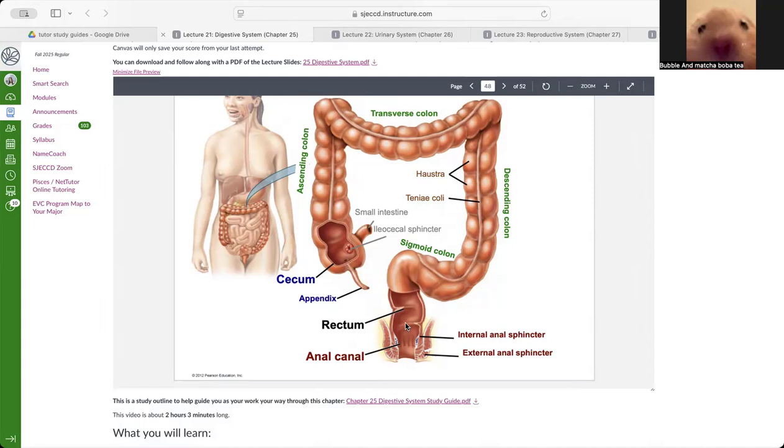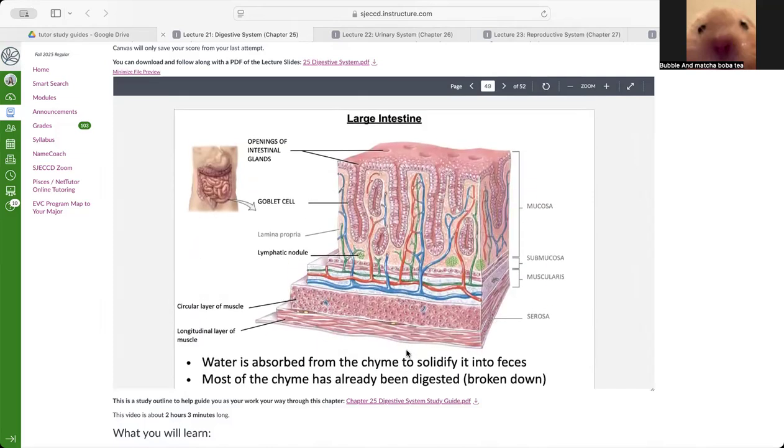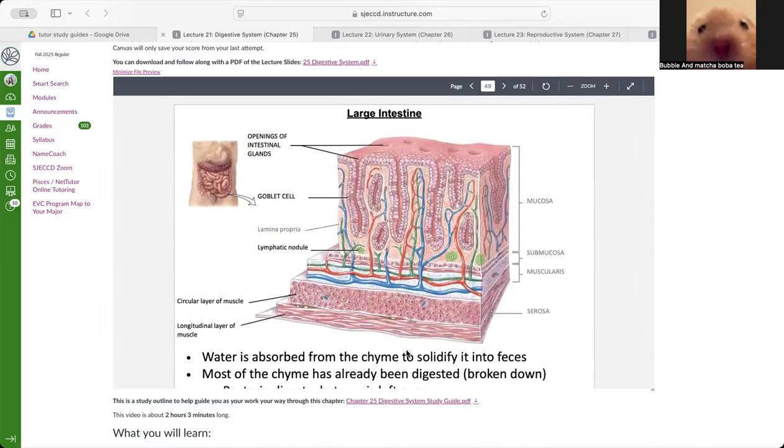And this one has two layers of smooth muscle that make up the muscularis. The ridge is called the taeniae coli. It's made of longitudinal muscles, and each pouch is a haustra. So there are circular muscles, and then we have the rectum and the anal canal, which has an external and internal anal sphincter.